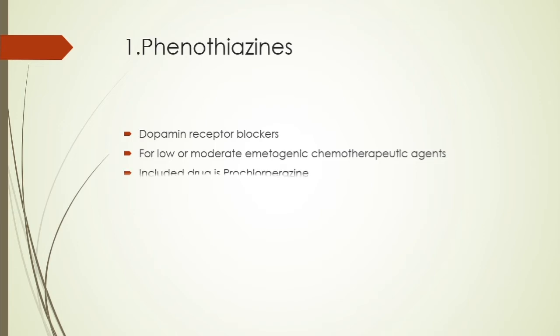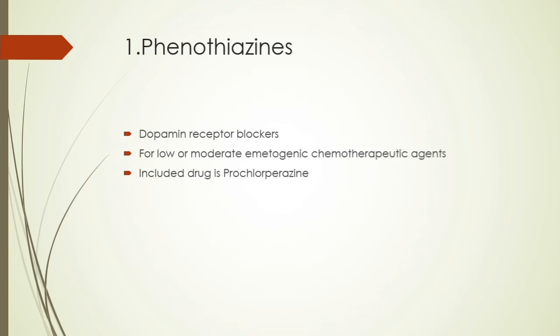Phenothiazines are only effective against low or moderate emetogenic chemotherapeutic agents, like for example fluorouracil, which is an example of a moderate emetogenic chemotherapeutic agent. But they are not very effective against strong chemotherapeutic agents, like for example dactinomycin, which is a very strong chemotherapeutic agent.